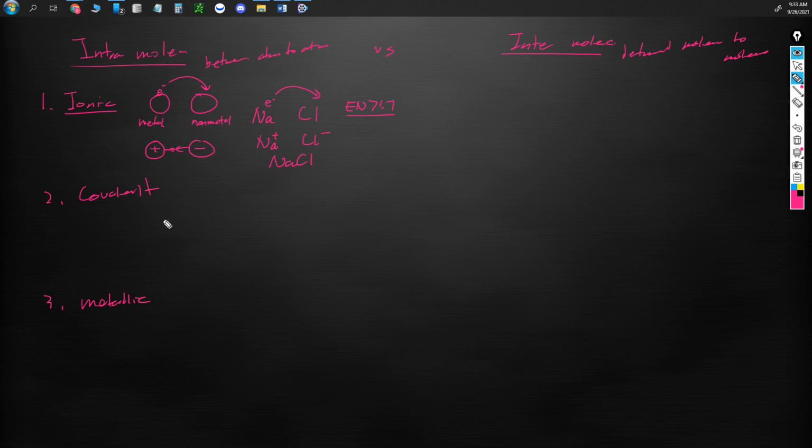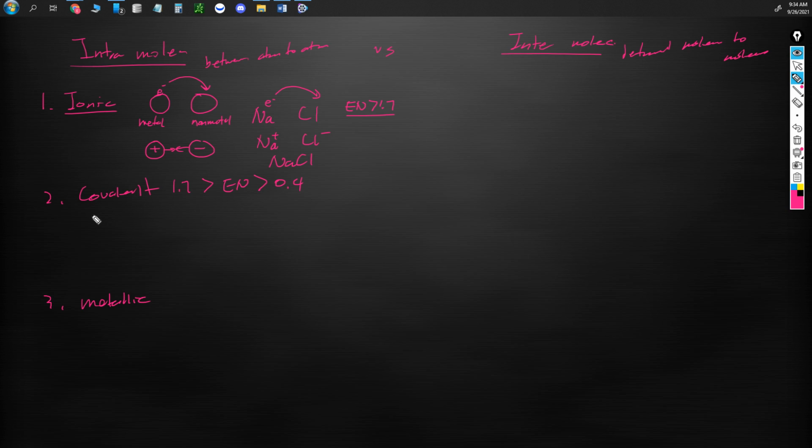Covalent bond is slightly different, where the electronegativity difference has to be less than 1.7, but greater than 0.4. So that means the difference of electronegativity compared to ionic is quite weaker.